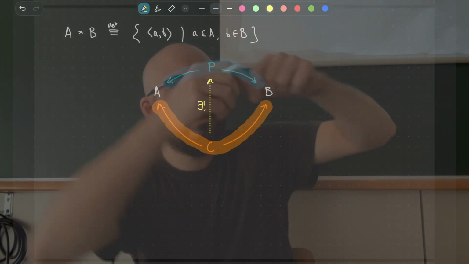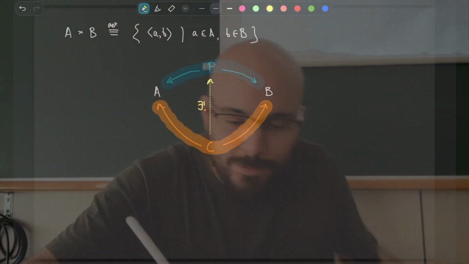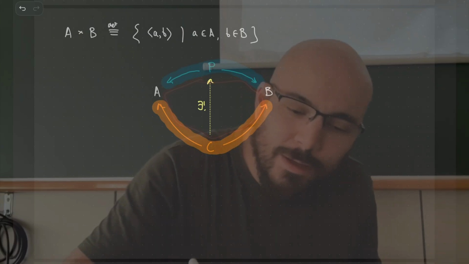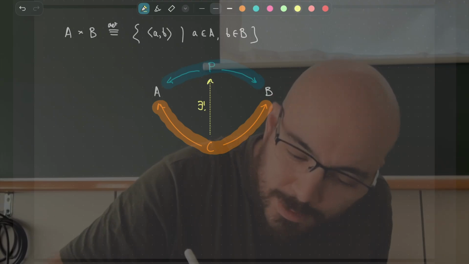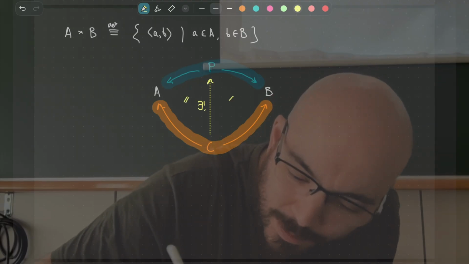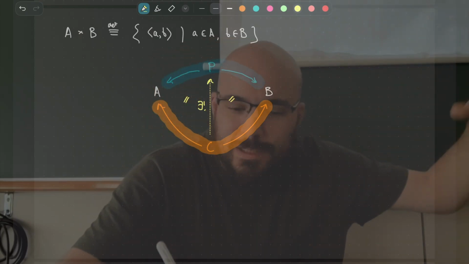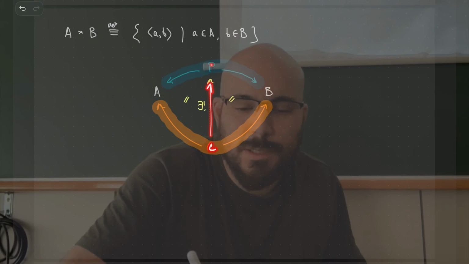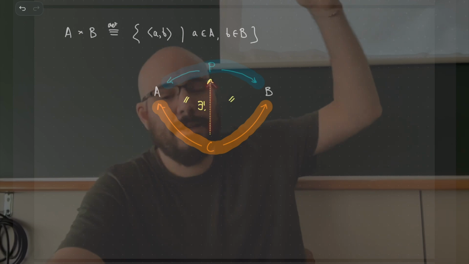Think of it like an elastic thing, I don't know. I need to take into account all this space somehow, and the thing I want to say is that it makes the diagram commute. I don't want any arrow. I mean, if I had given you a specific set here, you could pick a silly arrow here that maps everyone to some guy here and say, aha, so there exists such an arrow.